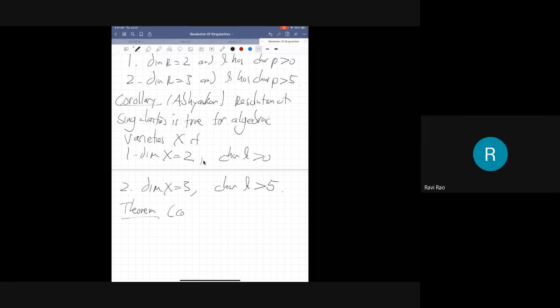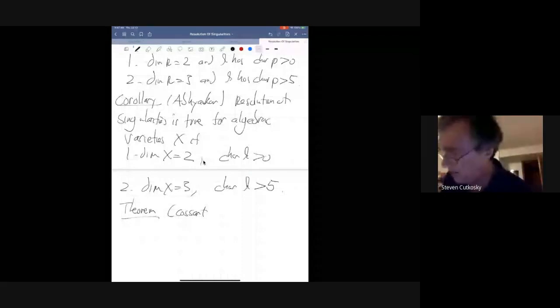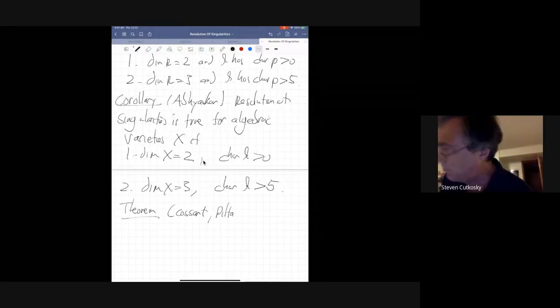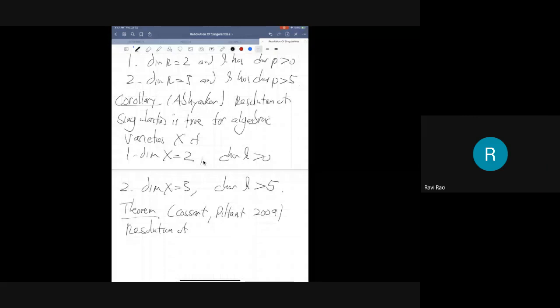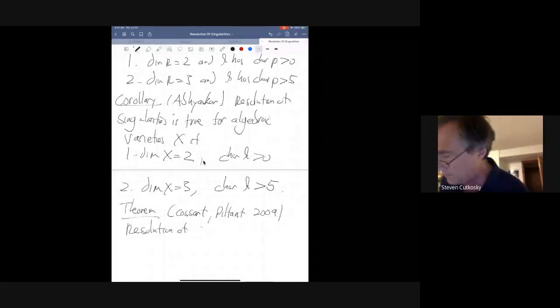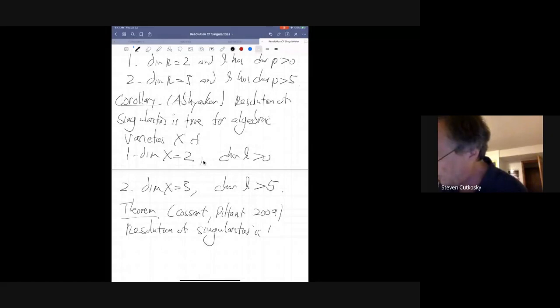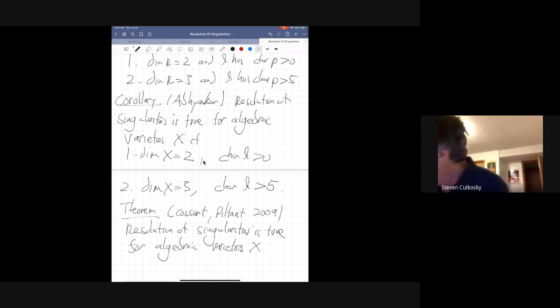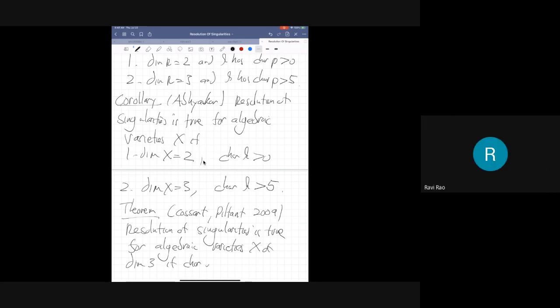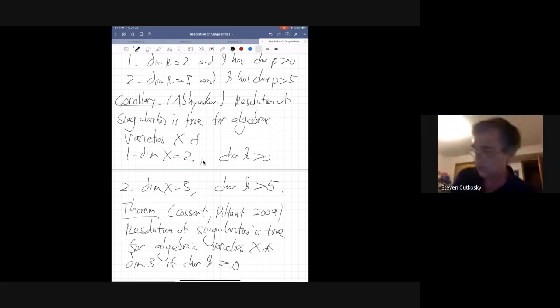Okay, so there's a theorem by Cossart and Piltant in 2009, which says that resolution of singularities is true for algebraic varieties X of dimension 3 if the characteristic of K is bigger than or equal to 0.